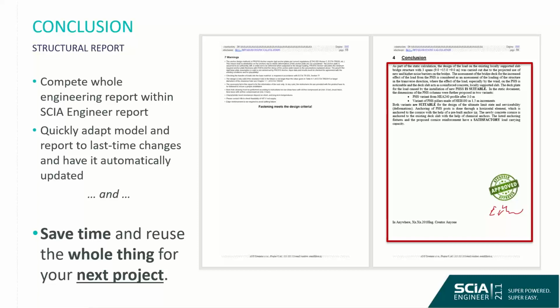And of course, as I mentioned, you can save a big amount of time by reusing the whole report for your next project. Just as you would save a document, you save it as a template, and from then on, you can use it for any project.